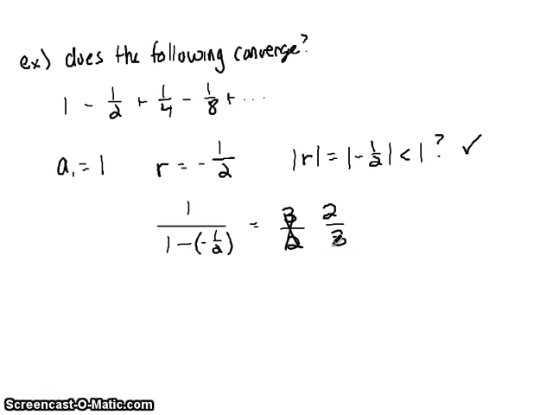I forgot to do 1 divided by. So it's going to be 2/3 is what this will converge to. If you follow that pattern out to infinity, the sum of all of those numbers is going to be 2/3. Alright, so let's look at another way these things can look. Same thing: does the series converge, and what will it converge to?